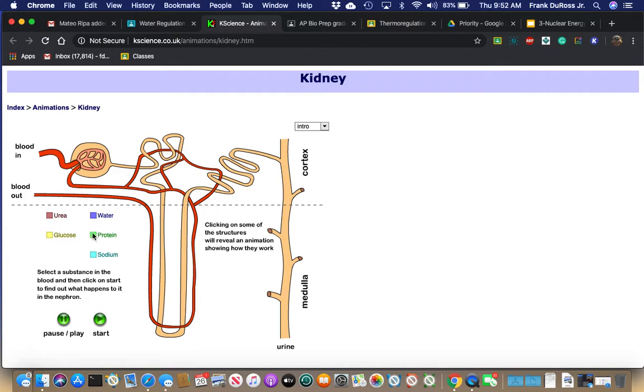Okay, protein. Okay, and now we'll do sodium.